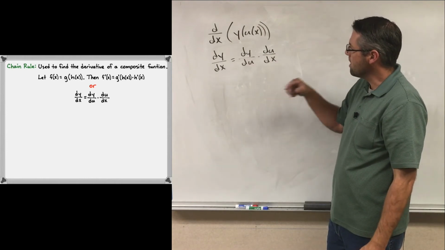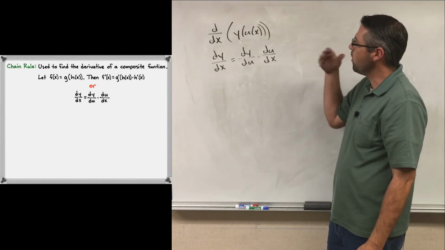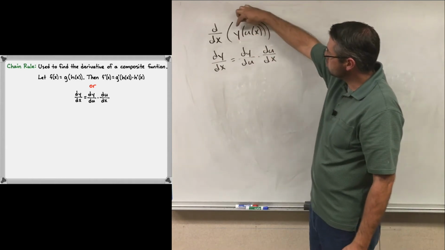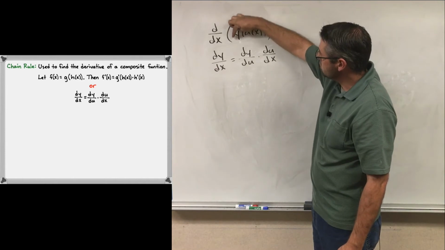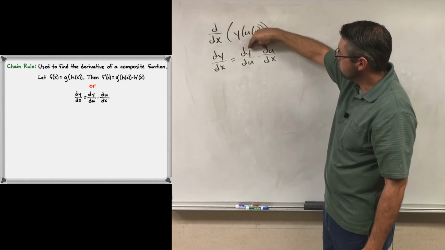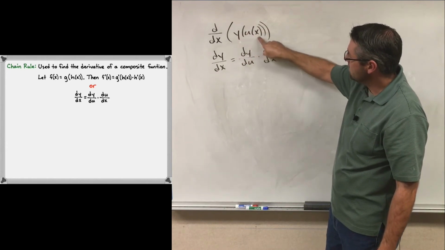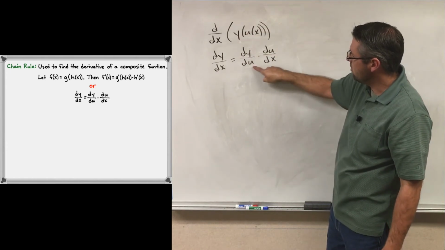That's fine. But pay close attention to what that means for the function. It's telling us to treat the outer function as a function and take the derivative of that where the inside is a variable. Treat it as a variable.